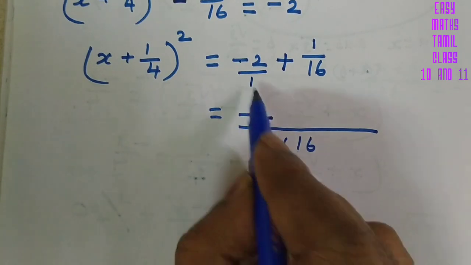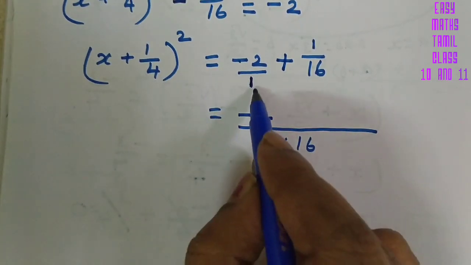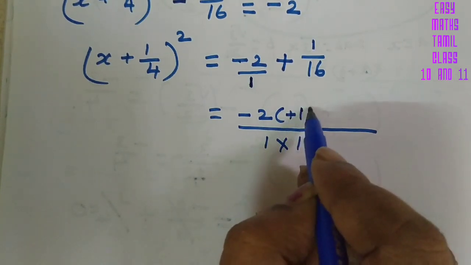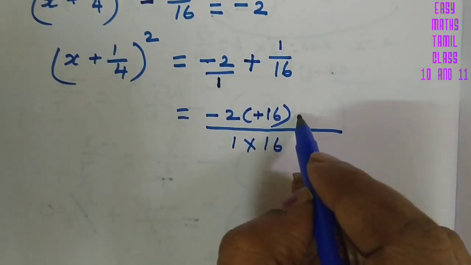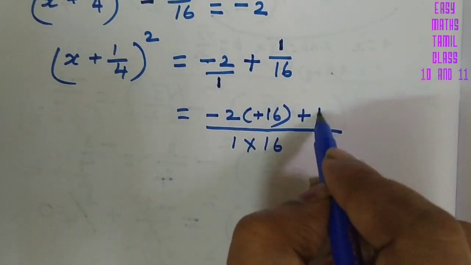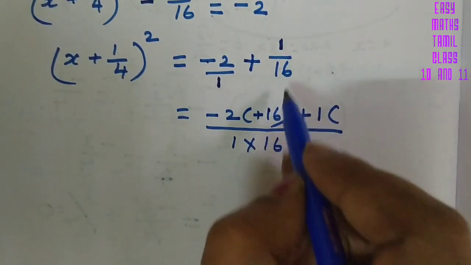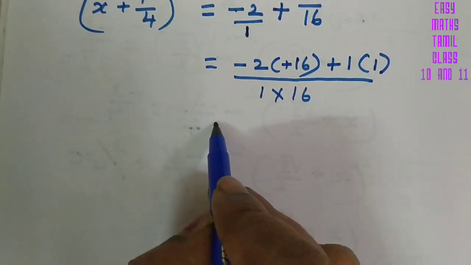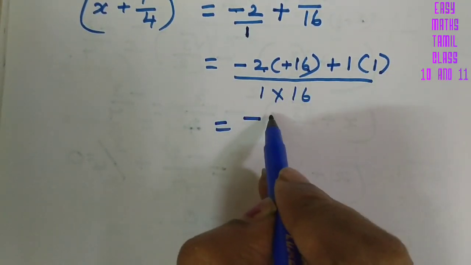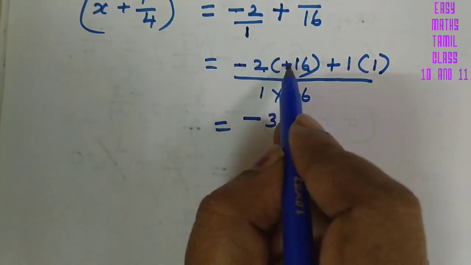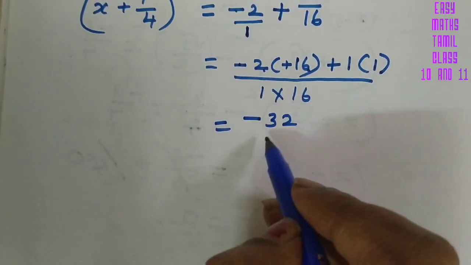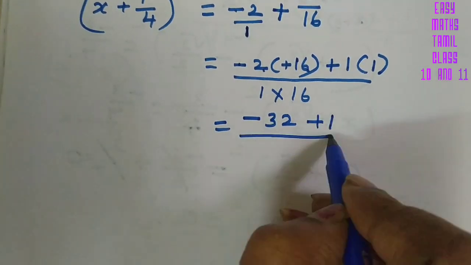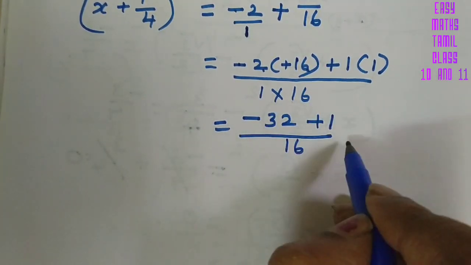Minus 2 in the denominator, 1 is there, 16 is not there, so write 16. 16 2s are 32, so minus 32, plus 1 ones are 1, divided by 1 into 16 is 16.